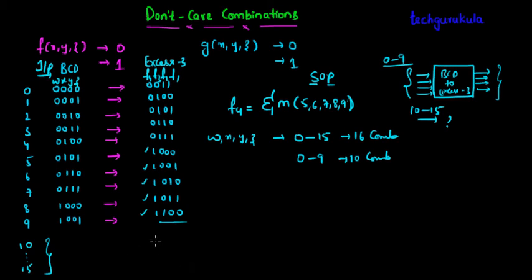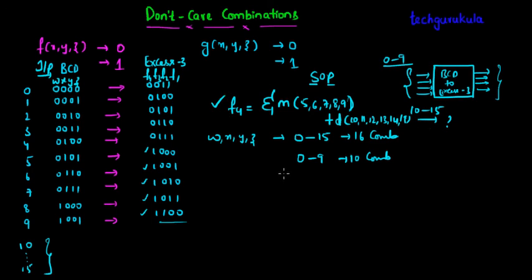You really don't care, because that's not the intention of the system. So what we do is represent this f4 with sum of m 5, 6, 7, 8, 9 plus a don't care of 10, 11, 12, 13, 14 and 15. This is how f4 is represented.